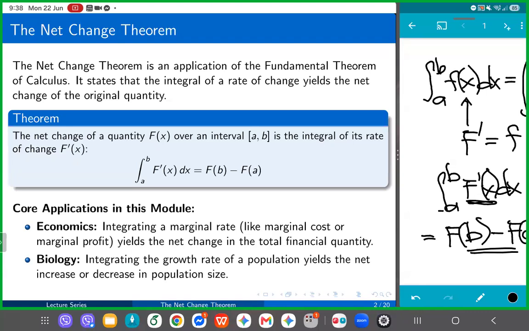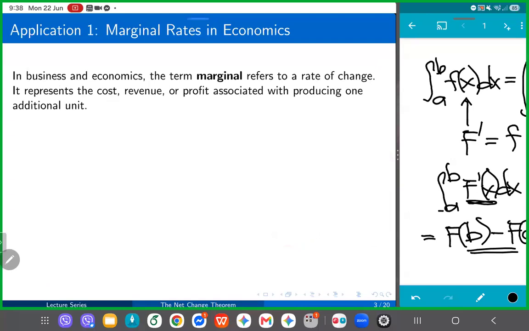In terms of population growth, the integral of the growth rate is the increase or the net change in population, the increase or the decrease in population size.